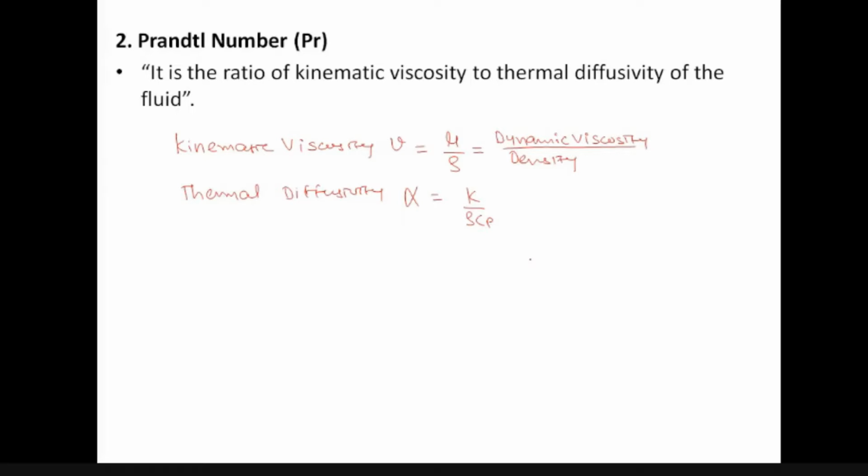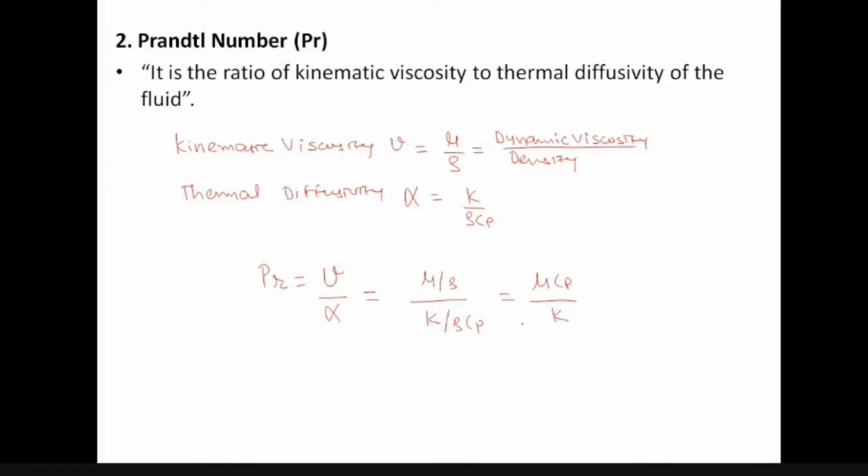Now the Prandtl number equals the ratio of these two, so we define it as V divided by alpha. Here V means mu upon rho, and here it is K by rho into Cp. So finally the expression becomes mu into Cp divided by K.